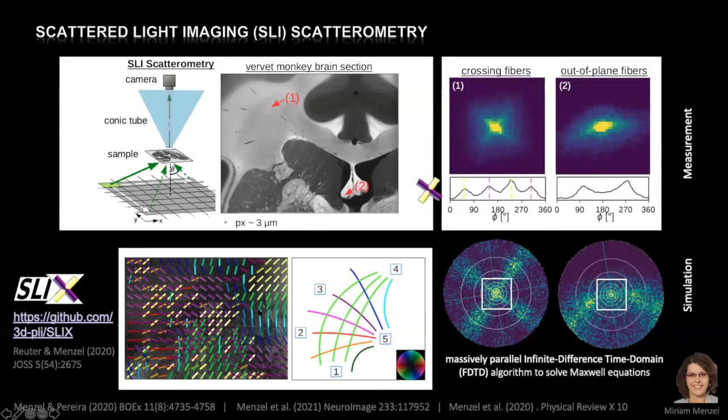And this is, in this context, a very important additional information we can generate. And I'm convinced that combining this with the high resolution of PLI, we can be much more accurate, especially in these difficult regions of dense fiber crossings in the deep white matter.